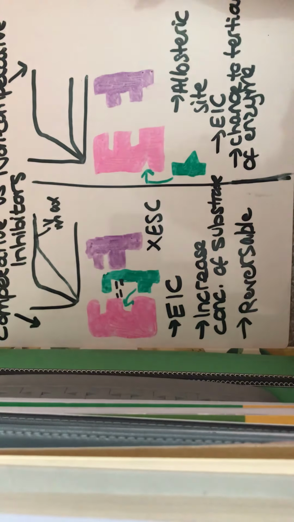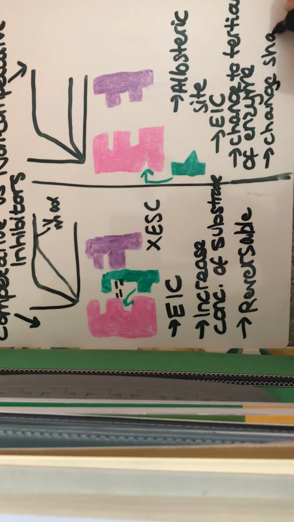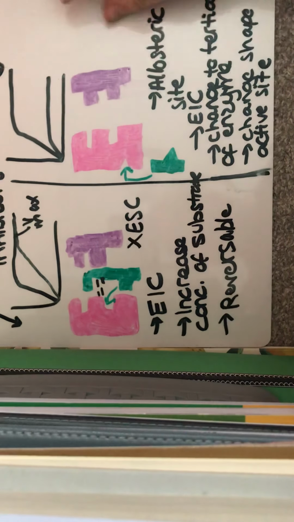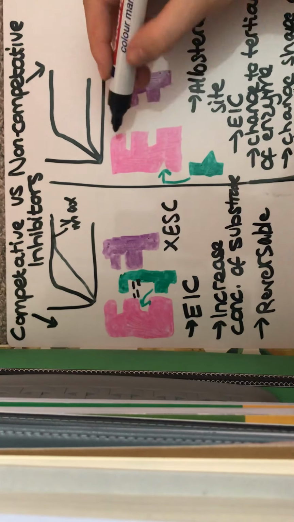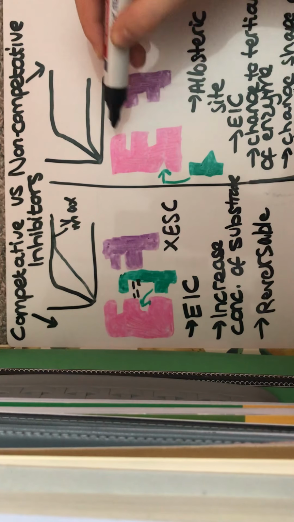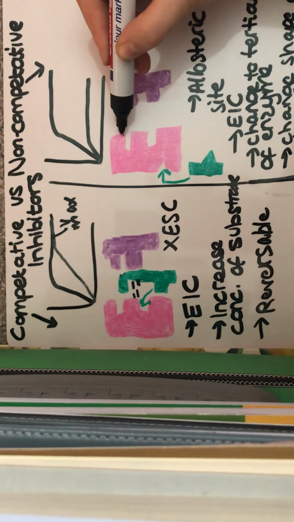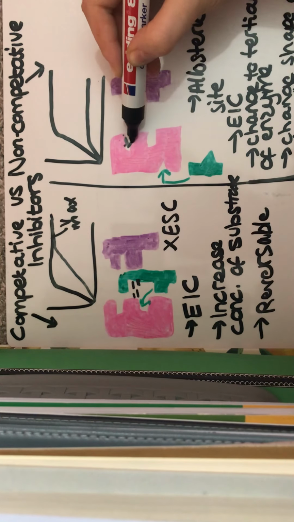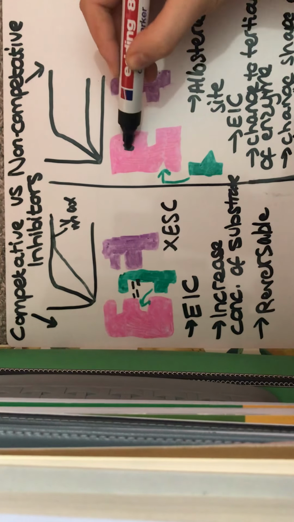And then because the tertiary structure has changed, that's going to then change the shape of the active site. So this now actually won't be complementary, because once this is bound, the shape could change, so it could change so it'd be a point there or whatever.